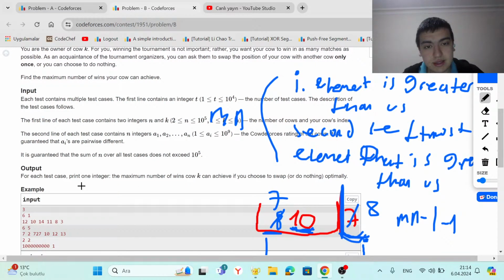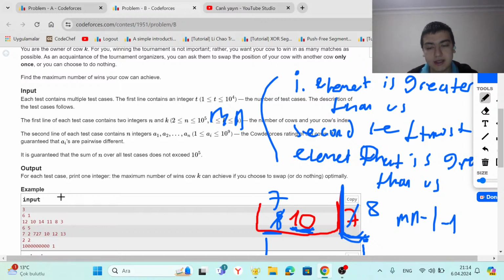And the second option is to swap the current number with the first element. When we swap our current element with the first element, it can win more matches, because we know that we have no numbers that are greater than us on our left.